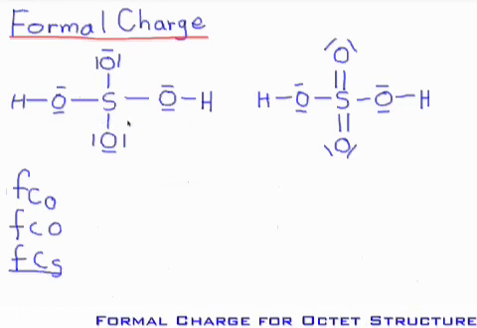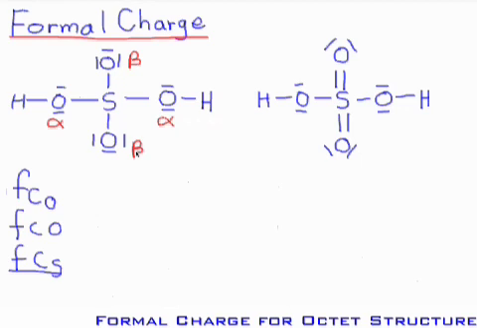Because we have two different types of oxygens, that is, we have oxygens attached to sulfur that have a hydrogen, and we have oxygens attached to sulfur which have no hydrogen, we're going to label them differently. We're going to label the oxygens with the hydrogen oxygen alpha, and the oxygens without the hydrogen oxygen beta.